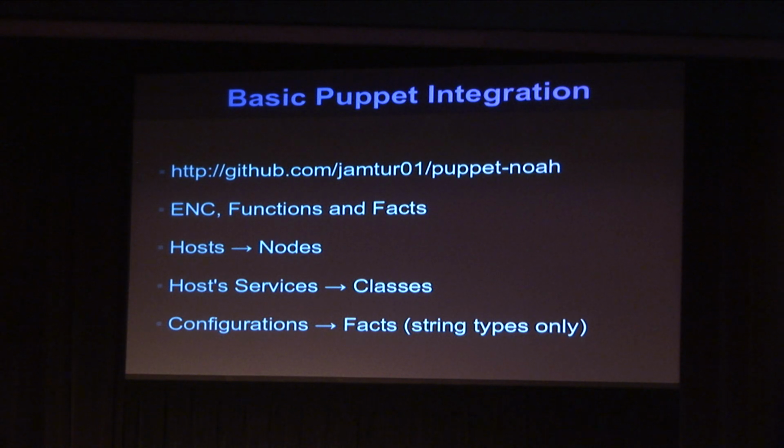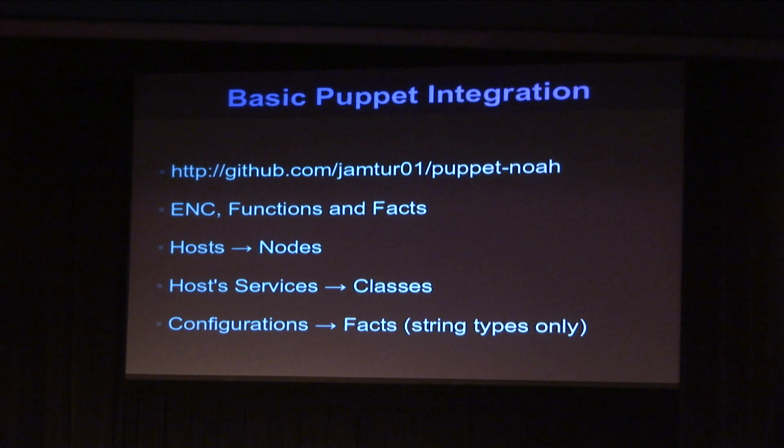So let's go over a little bit about, because this is PuppetConf, you probably want to know how this works with Puppet. James Turnbull did some work for me on his own volition, and he created a module for Puppet called puppet-noah, strangely enough. It consists of an ENC for Puppet, which is nice because that means your system of record is now also part of your bus, essentially.